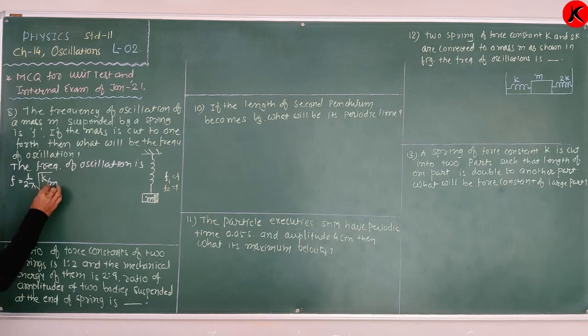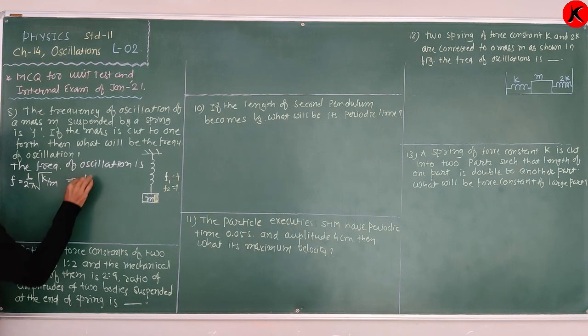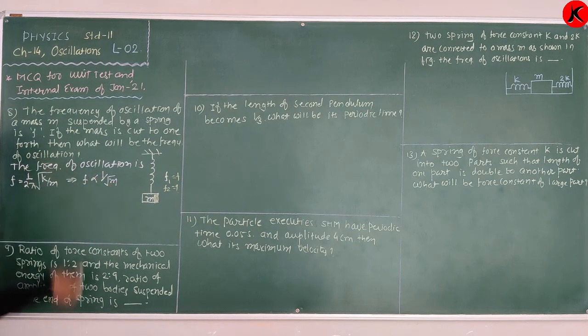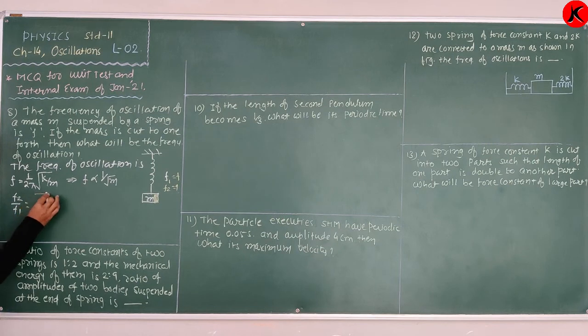Only the suspended mass is changed, therefore F is proportional to 1 upon under root of M. Therefore, the ratio of the new frequency to the given frequency, F2 upon F1, is equal to under root of M1 upon M2.